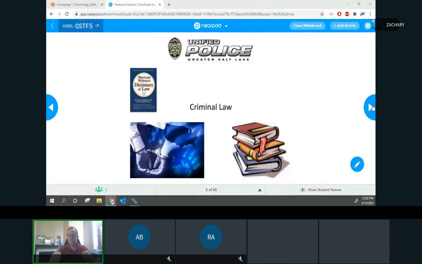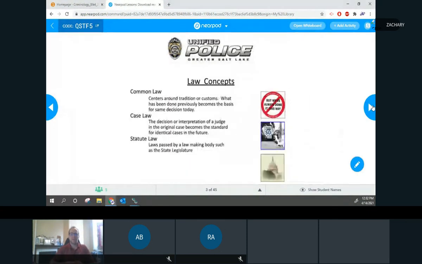It's a lot more detailed, as you know, like any kind of law, there's always something at play. So, let's start rolling. If you haven't got on the Nearpod and you can, that would be fantastic because I love participation on there. Okay, so there are some different law concepts that we need to know.